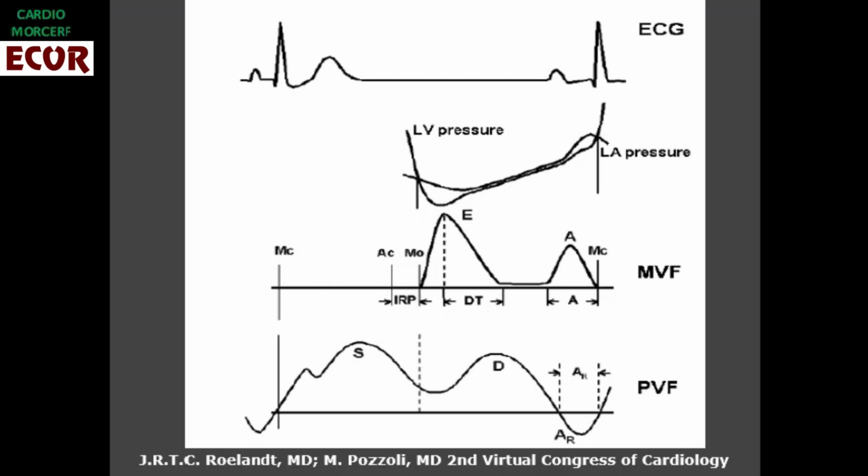In case of poor compliance of the left ventricle, with type 2, 3, or 4, during left atrial contraction, it needs higher pressure to fill the left ventricle, and it's easier to send blood back to a low-pressure pulmonary vein. Then, the A wave reverse becomes longer, more than 30 milliseconds longer than the mitral A wave.